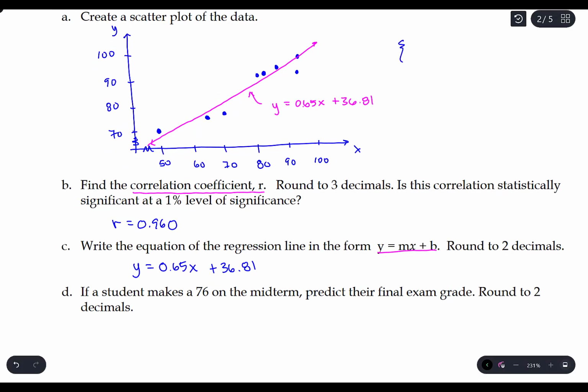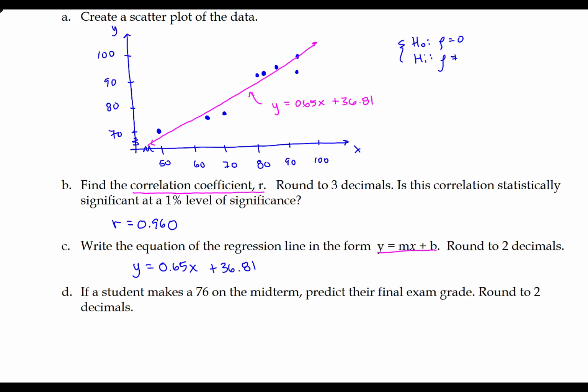And the hypothesis test looks like a null hypothesis of the form rho equals 0, and an alternative of rho does not equal 0. And what's going on there is rho is the population correlation coefficient. R down here is the sample correlation coefficient.